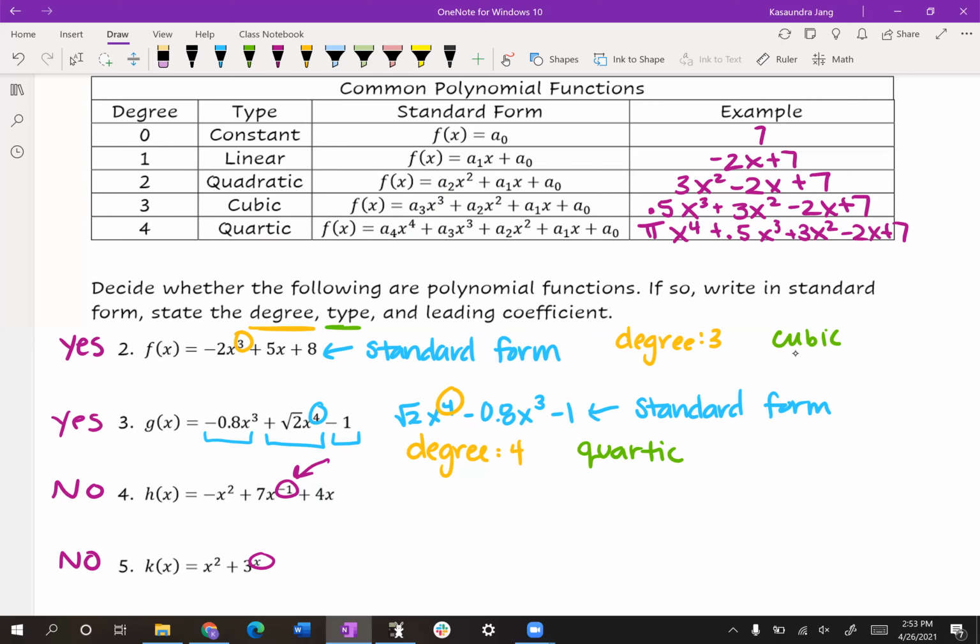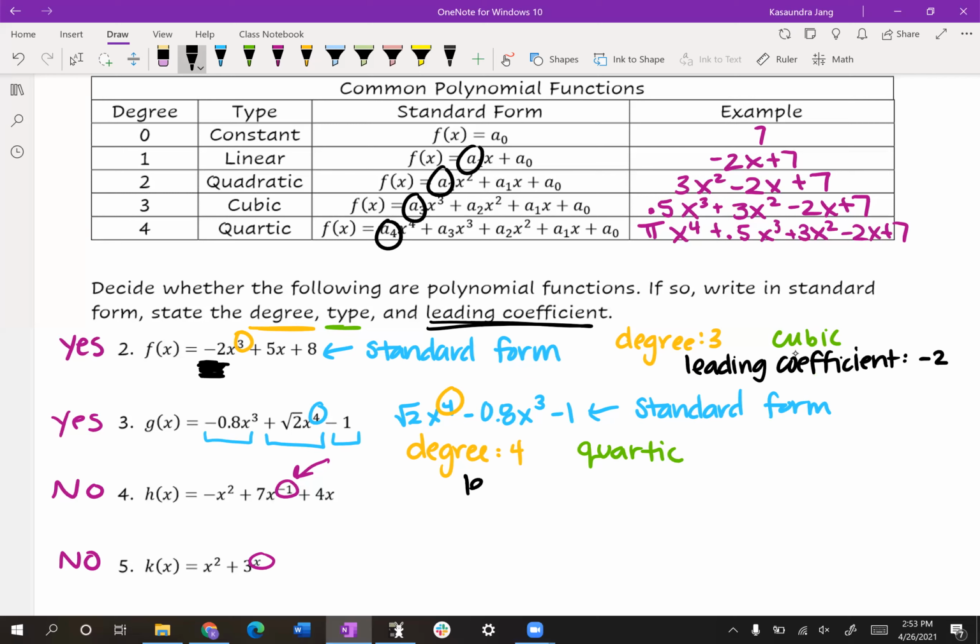Okay, and they also want the leading coefficient. So let's see here, my leading coefficient is whatever's multiplied in front of that first term, like on the highest exponent. And I think the number right here multiplied in front of my first term in front of the highest exponent is a negative 2. So let's see, leading coefficient was negative 2.